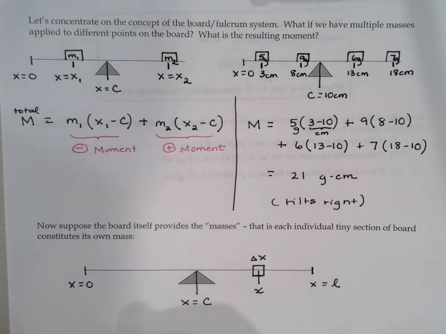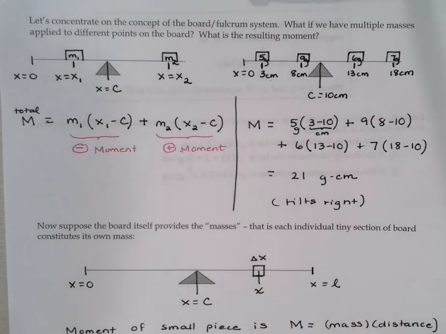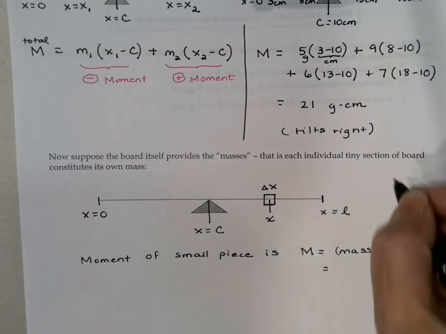The moment of that little piece would be the mass times the distance. And if I further say, what if the mass is determined by the fact that we've got some variable density function?